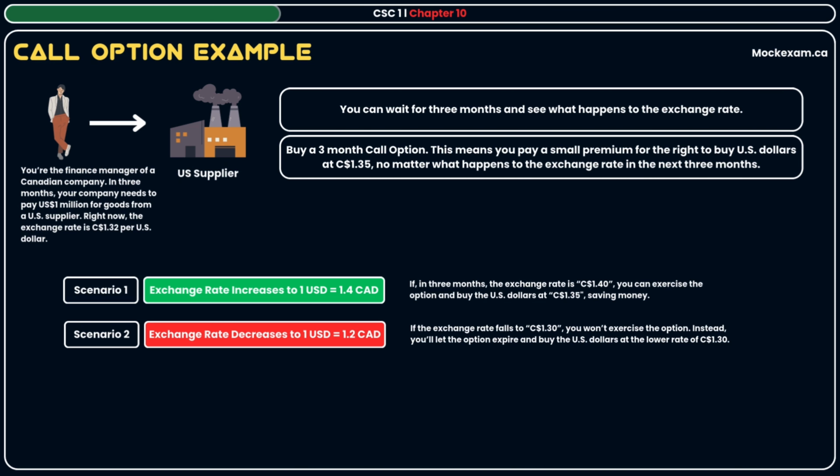If it goes down, you still just lose a small premium. It's nothing for a company. But with this smart decision, you ensure that nothing very bad will happen when the due date is coming. Great. So this was an example of call option.